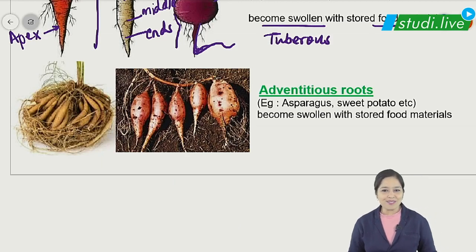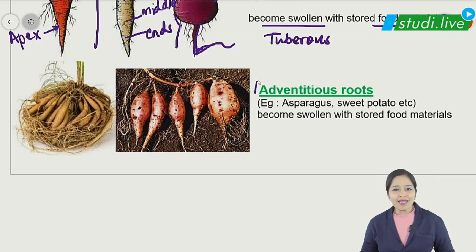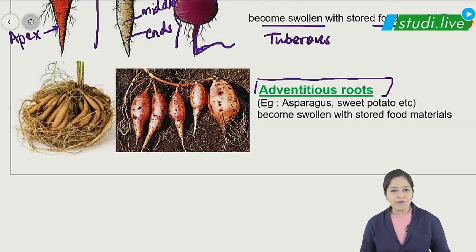Adventitious roots. Now these roots arise from any other part other than the radicle. So these adventitious roots for food storage have the following modifications.